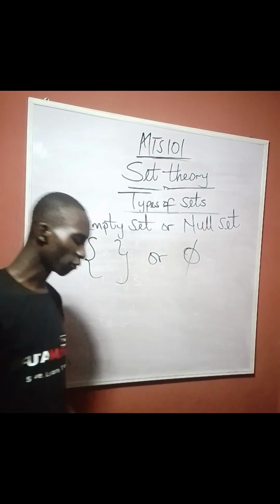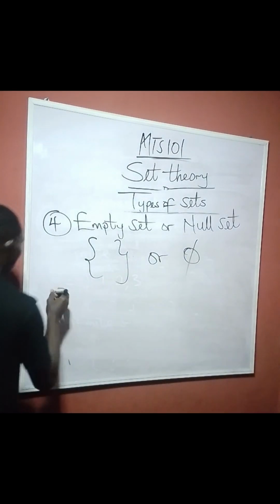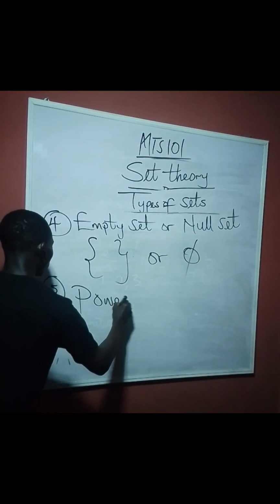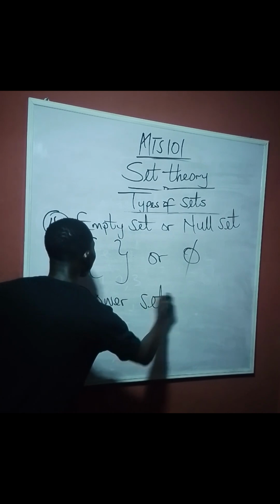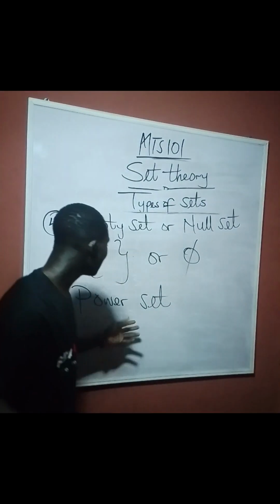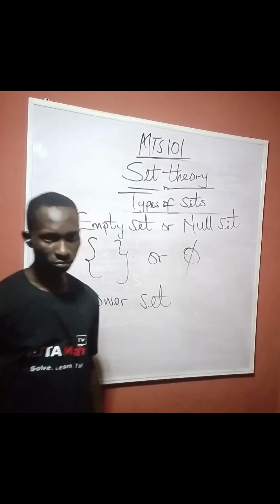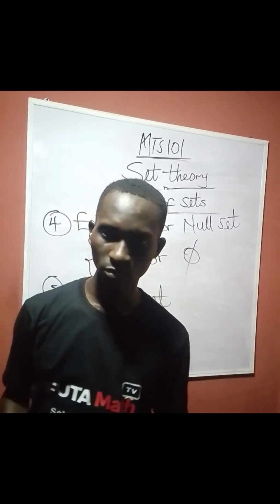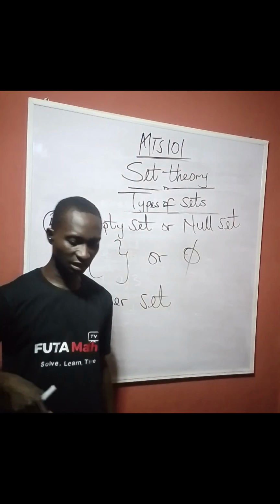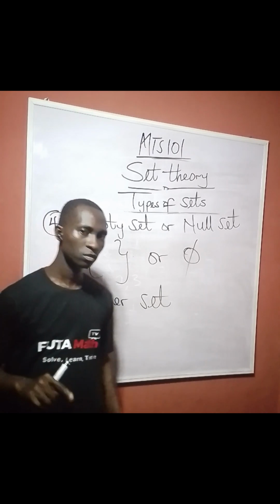Now, another type of set is a power set. What do we mean by a power set? A power set is a set that contains all possible subsets. It contains what? All possible subsets of a set.